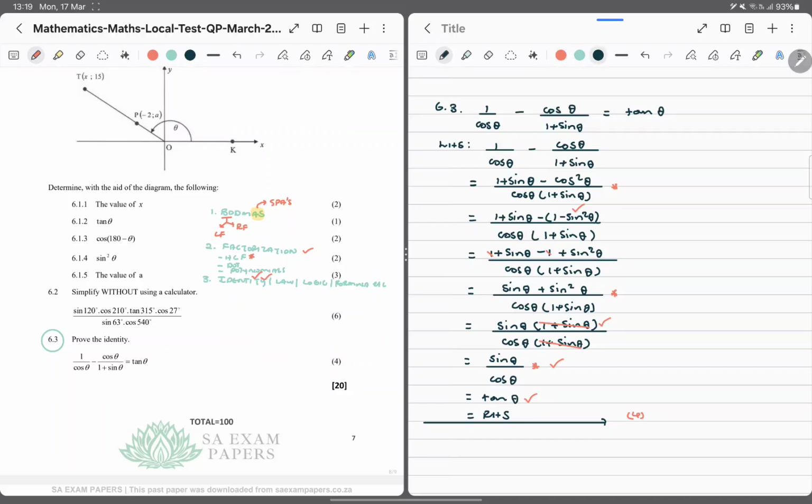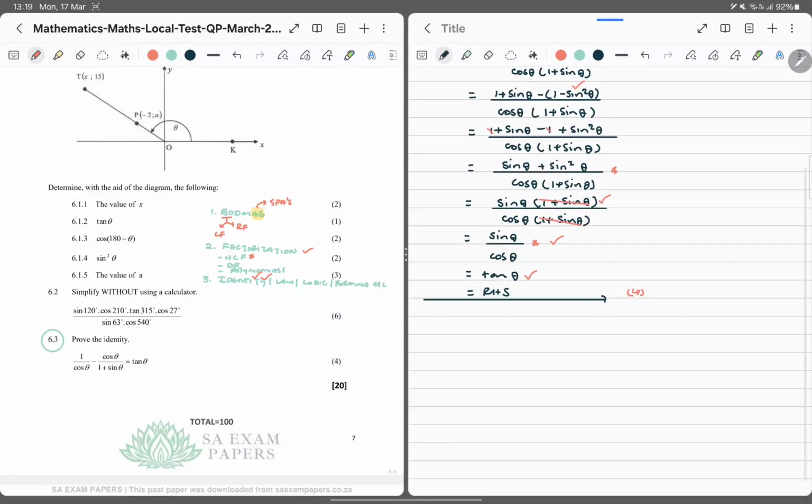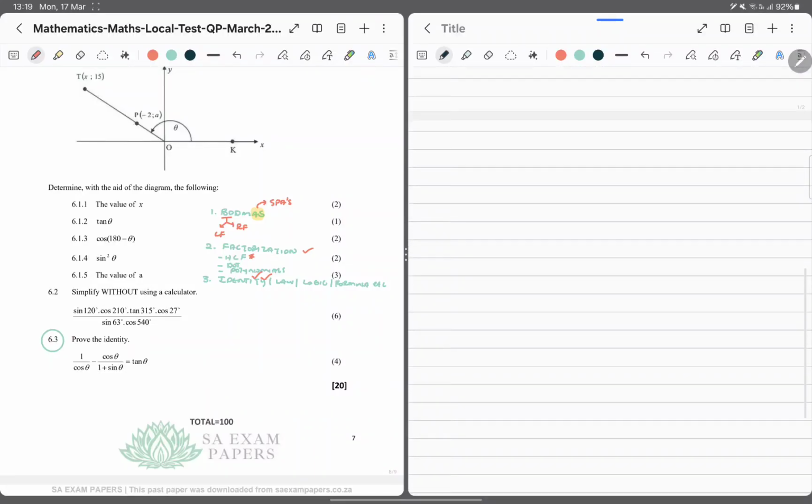All right. Now comes a very inquisitive student and says, what happens if I decided to take the right-hand side into the left-hand side? Well, it's going to be a bit of a rough ride, but let's try it. So we still have our 6.3.